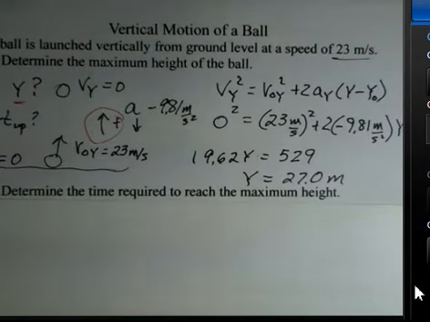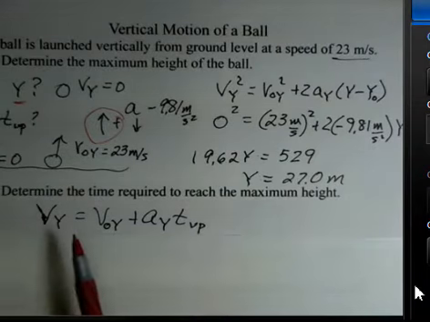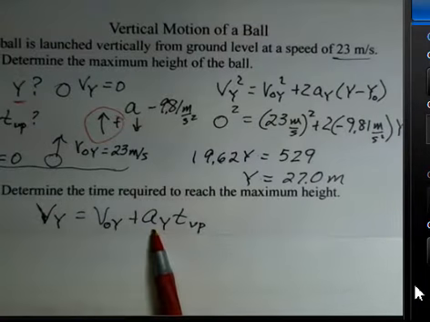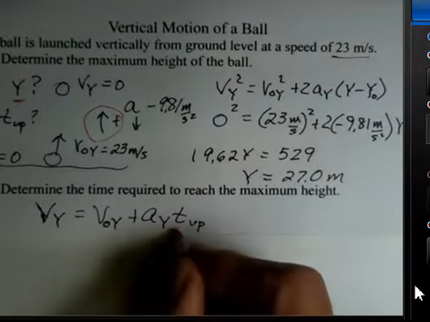Second question, how much time is required to get to this maximum height? Well, this is even an easier calculation, because we can use the first kinematic equation. The final y velocity is the initial y velocity plus acceleration in the y direction multiplied by the time to go up. We want to know what is the time.